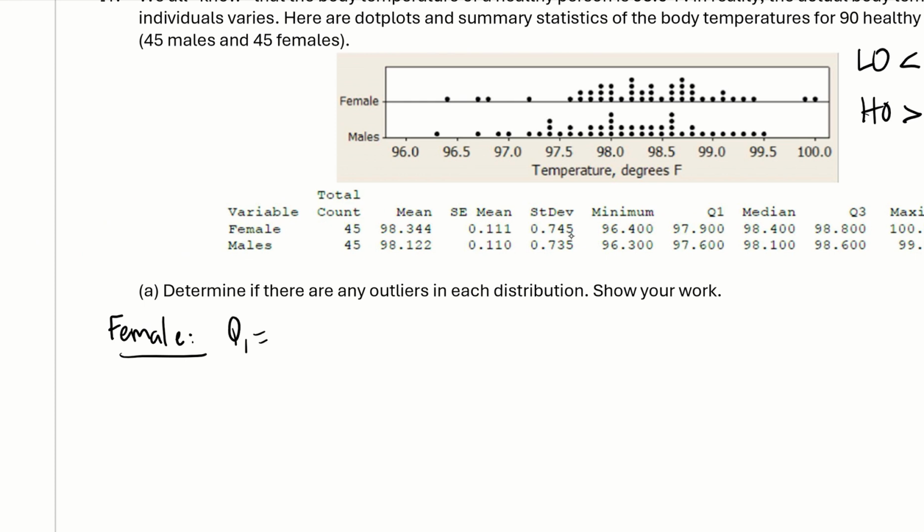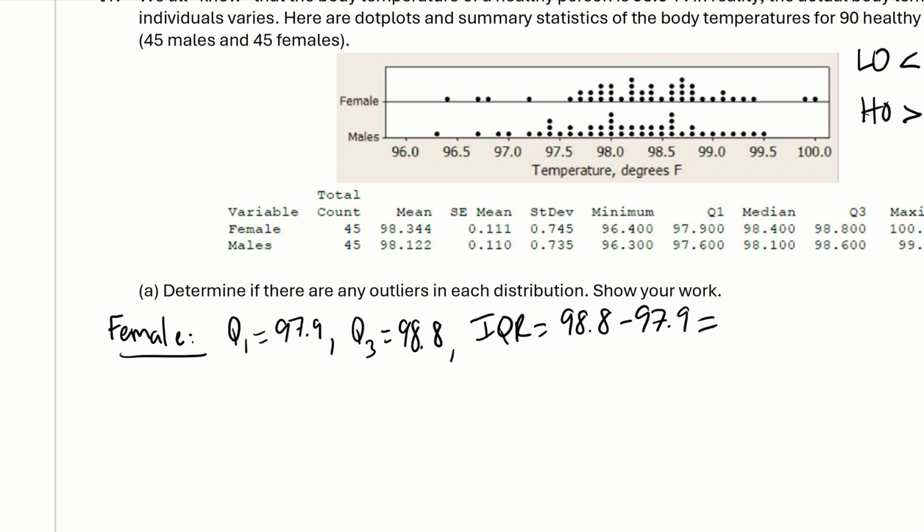The first quartile is 97.9. The third quartile is 98.8 for females. The IQR is the third quartile minus the first quartile. If we do that, we get 0.9 for my IQR.